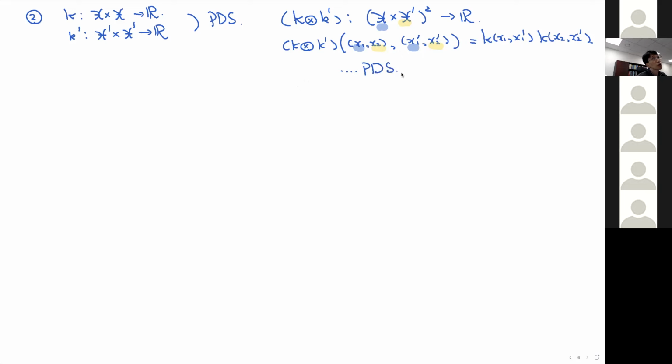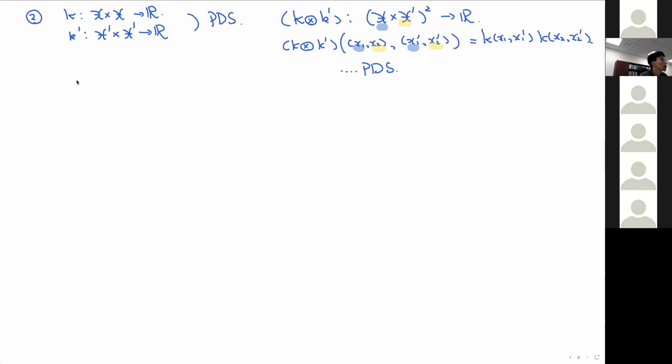And then to show this, you just need to use a little bit of a trick, but if you use the fact that the product of two kernels preserves positive definiteness, then you can show this is a PDS kernel. I think the more important bit is that from the perspective of the features, you can see what's really going on.